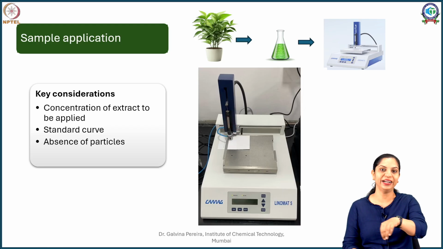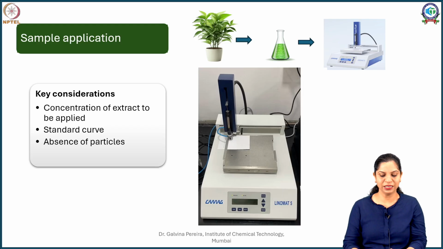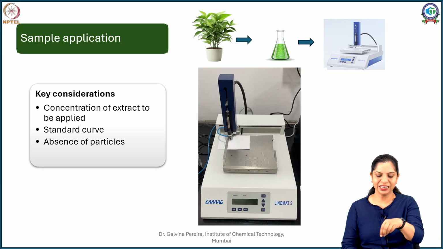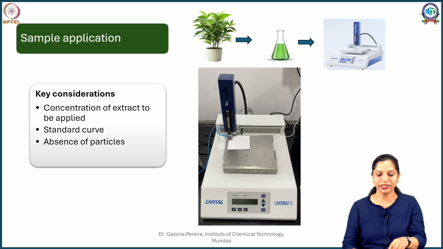That is, on the plate I just want to spray 1 microliter, on the next spot I want to spray 2 microliters. So I can effectively control the volume that I apply on the plate, which doesn't happen by hand. This kind of assembly uses nitrogen or inert gases to create a fine mist of the extract and then sprays or prints your extract on the TLC plate.